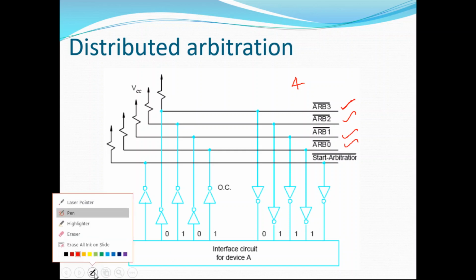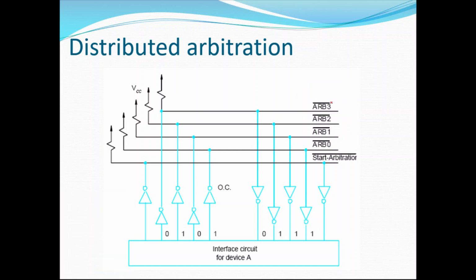See, the point is, each device that wants to acquire the bus should generate a 4-bit ID number, and that ID number should be kept in this bus. The 4-bit ID number contains bit 0, bit 1, bit 2 and bit 3.